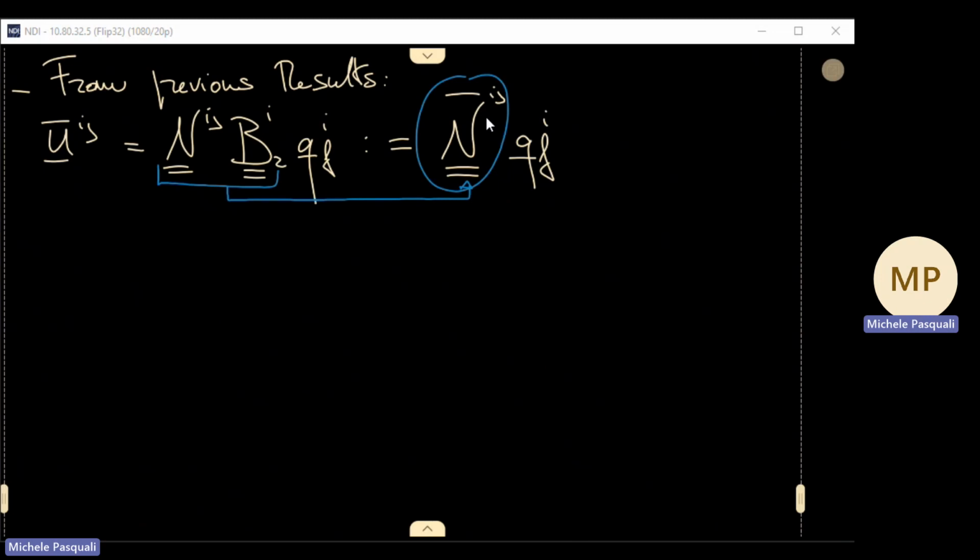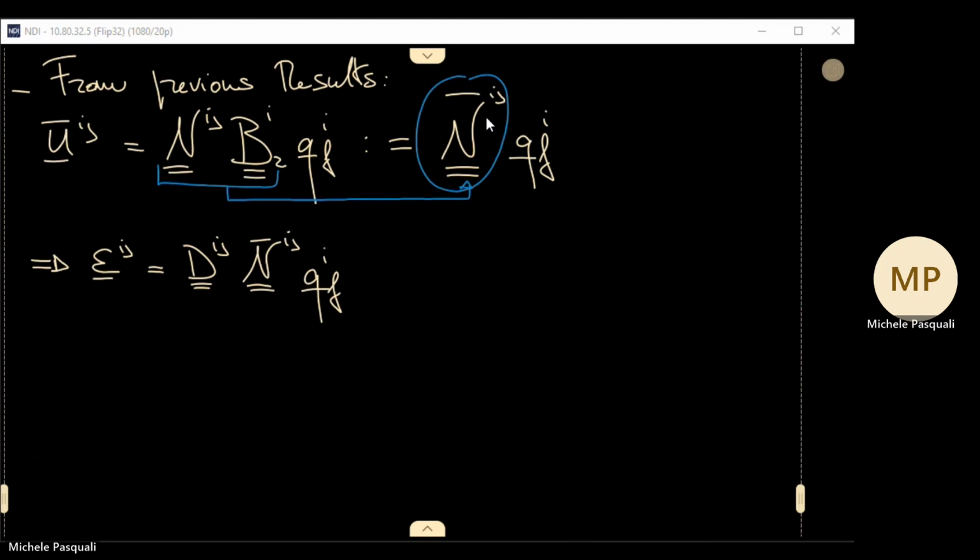If we exploit this fact, we can write down that epsilon ij, the vector of the deformation, is D ij N over bar ij over QF I. All right.